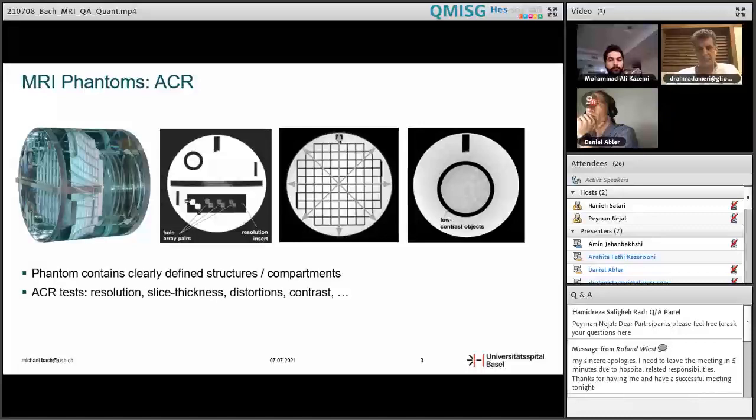For example, it is checked if the nominal resolution is really achieved in the measurement, if the known length of the phantom is imaged correctly, and how well objects of low contrast can be detected, and so on. These are some very basic, nevertheless important tests to trust the MRI machine.